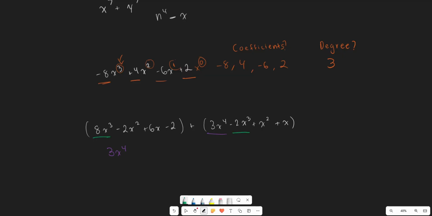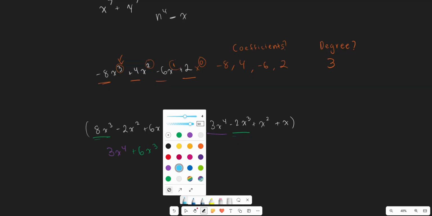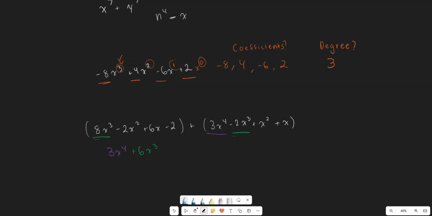So 8 of those minus 2 of those is 6x cubed. Okay, simple enough. Now we have to do our x squared term. So we have a minus 2x squared and plus x squared. So minus 2 plus 1 is minus 1, so minus 1 x squared, and I don't have to write the 1.